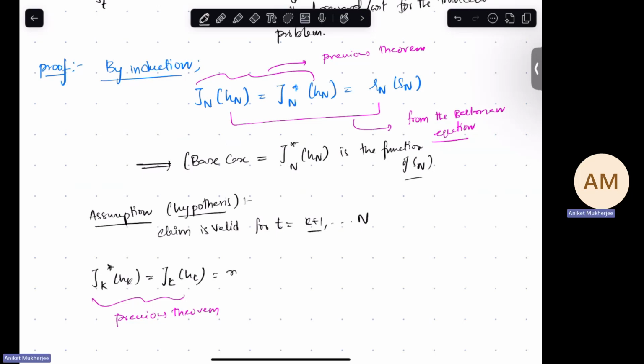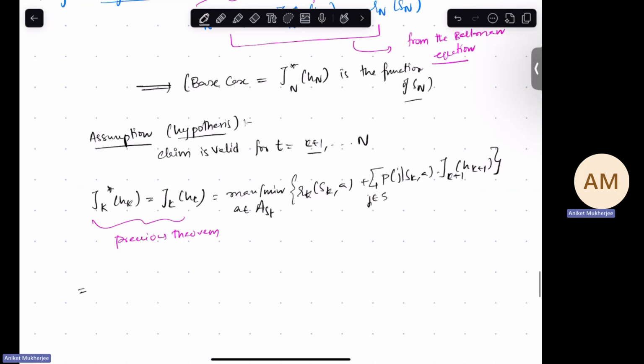And this is equal to max or min, depending on whether you're maximizing the reward or minimizing the cost, over a belongs to A of s_k, of R_k of s_k comma a, plus summation over j belongs to S of P of j conditional on s_k comma a into J_{k+1} of h_{k+1}.